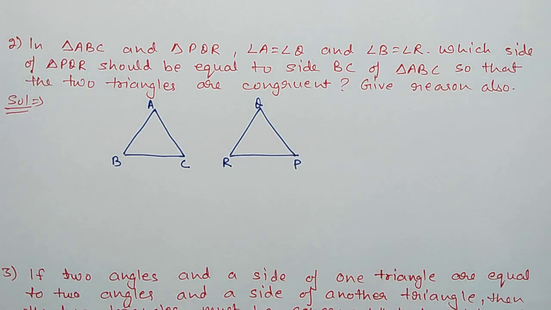Next, question number 2. In triangle ABC and PQR, angle A is equal to Q, angle B is equal to angle R. Which side of PQR should be equal to side BC of triangle ABC, so that the two triangles are congruent? Give reason also.